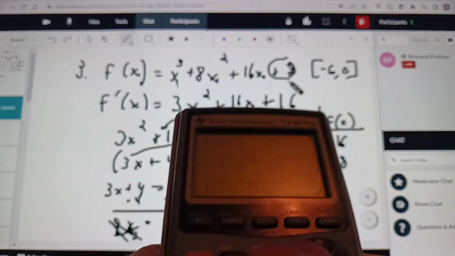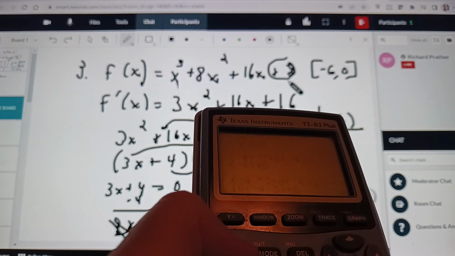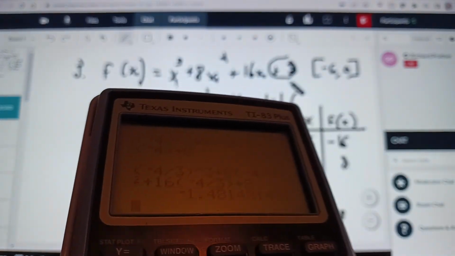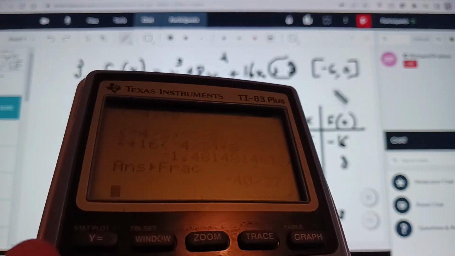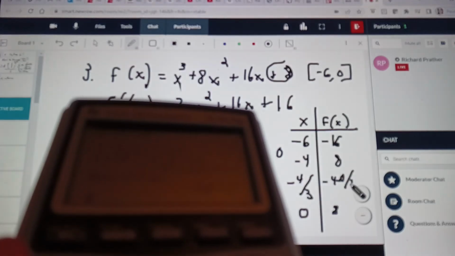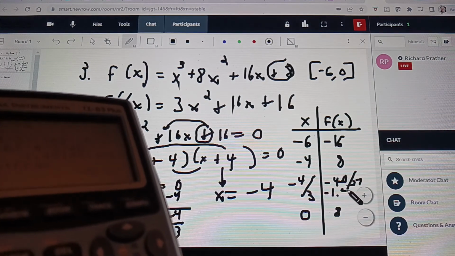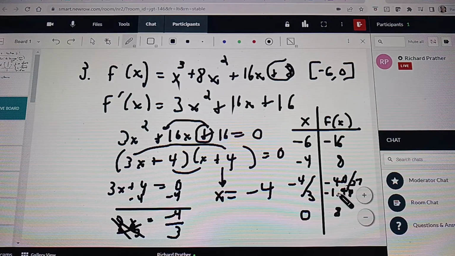And if it's a messy decimal, it won't matter if it's not one of the answers, but if it is one of the answers, math, enter, enter. It's negative 40 over 27. But as a decimal, it was negative 1.48. It's not one of the answers. So we have one unique lowest value here.